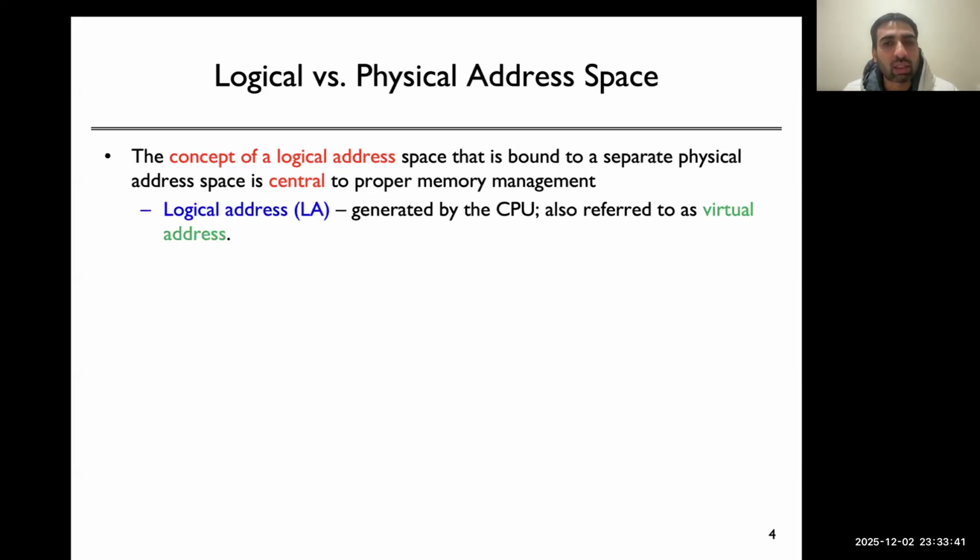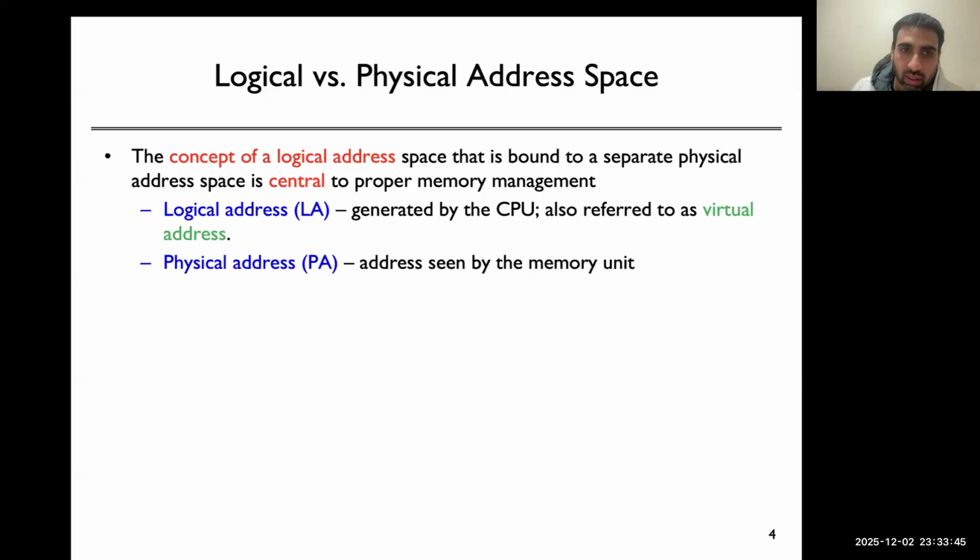The logical address is the one generated by the CPU, and it is also referred to as the virtual address. The physical address is the actual location in the memory chip or the memory unit where we are going to store the data, or from where we are going to retrieve the data.